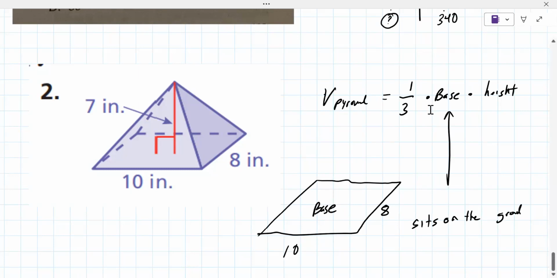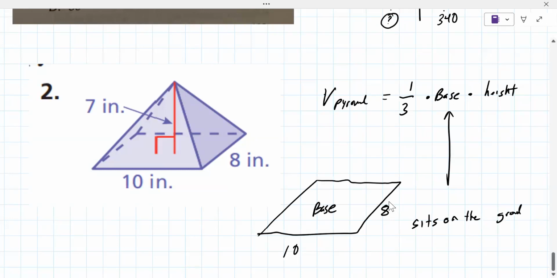Yes, and one of the problems is we're reusing words. The base refers to the base of the pyramid. Base of the rectangle is 10, height is 8. So it's 10 times 8. So it'd be 80.